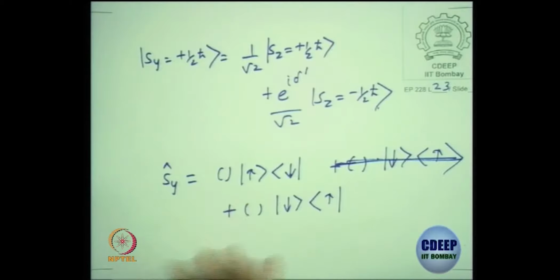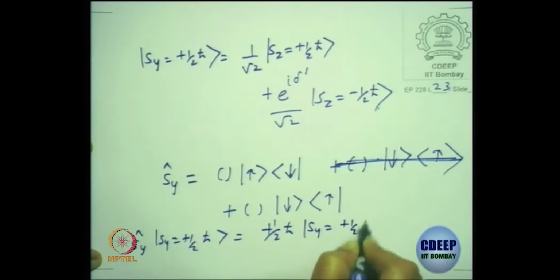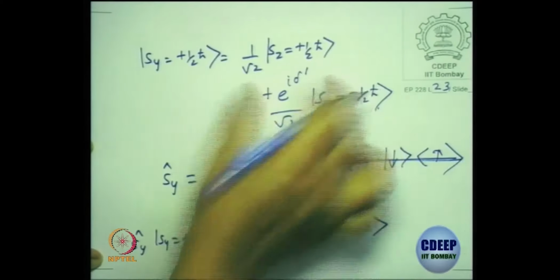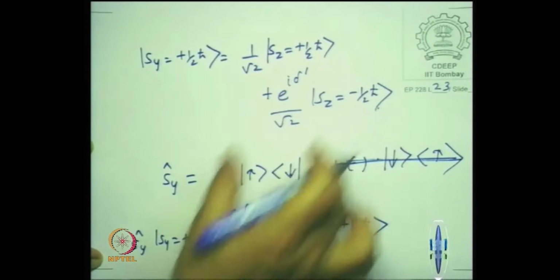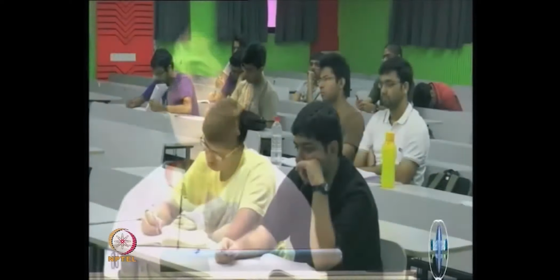What are those coefficients? Fix it by using the same arguments. If I had the Sy operator on Sy equal to plus half h cross, it has to give plus half h cross on Sy equal to plus half h cross, and the plus half h cross state is this. Rewrite it and try to find the matrix elements in the basis states of Sz. Do you all understand, right? Will you do it? Again you will find a matrix for this, which is very similar to what you did for your Sx, but only delta will be replaced by delta prime.